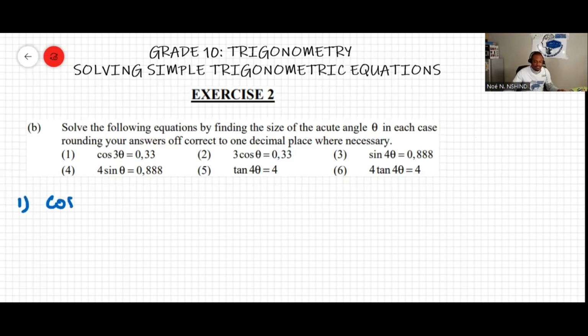Over here, we have cos of 3 theta equal to 0.33. Our unknown here is theta, so we need to find the value of theta.